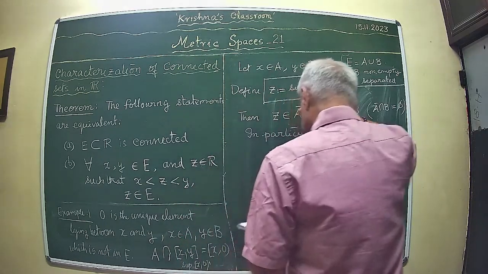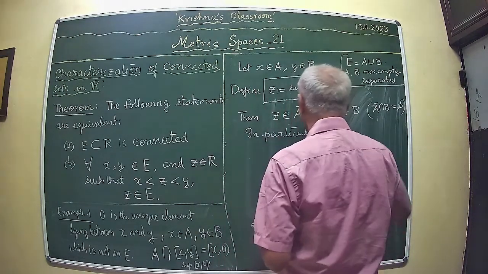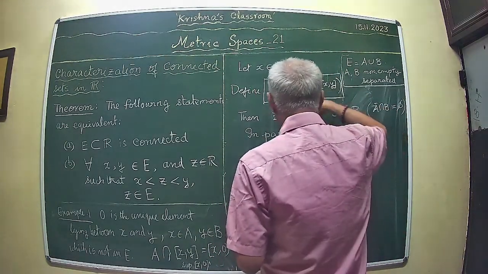In particular, what we can say is this: Z is in A closure, Z may be X itself.